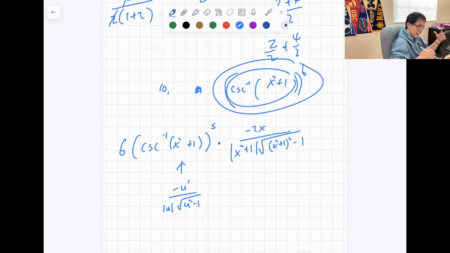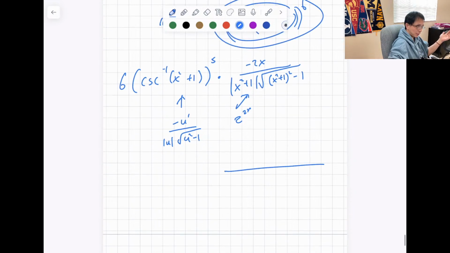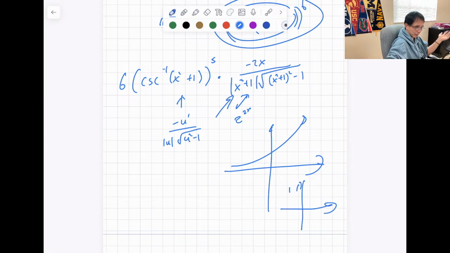So she was asking, why is e to the 2x always positive? Because e to the 2x is a graph like this. Or e to the x, the graph is like this. It's never negative. So that is not part of the problem. Same thing as x squared plus 1. The graph of x squared plus 1 is going to be like this. It's always positive because it's x squared shifted up 1.